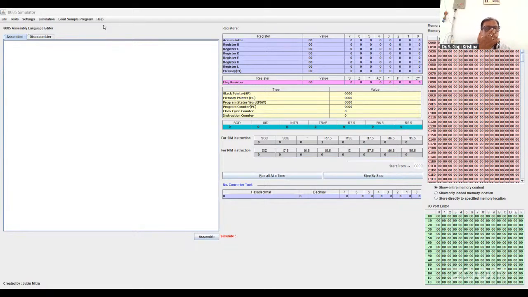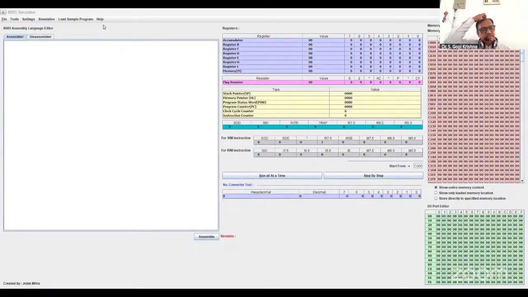Then the load accumulator instruction, LDA. The contents of the memory location specified by a 16-bit address in the operand are copied to the accumulator. The contents of the source are not altered. For example, LDA 2034.